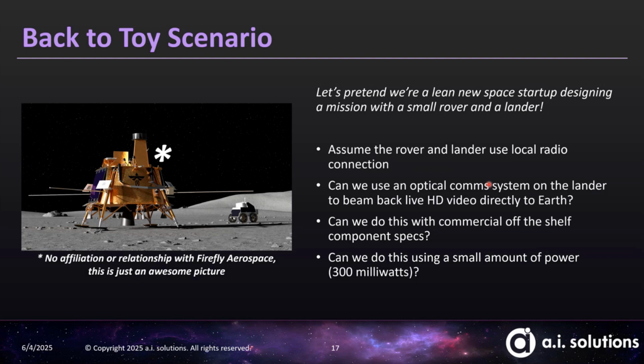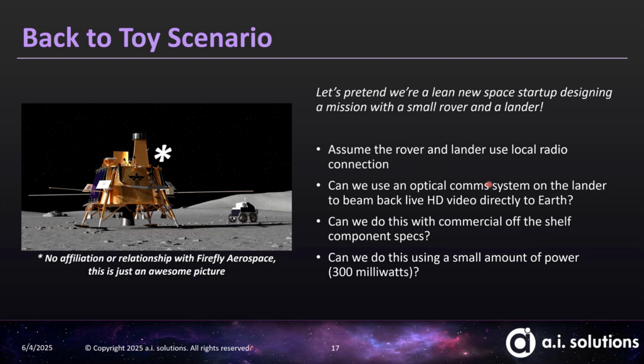And the other question is, how much power are we going to need to do this? I've heard that optical communications uses less power. Does the math bear that out? Just to mention the photo here, there's no affiliation with Firefly Aerospace. They just have this adorable rendering that has all the parts I was talking about, so I included it.